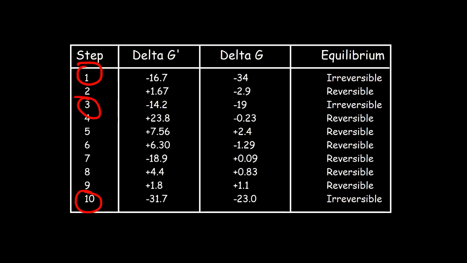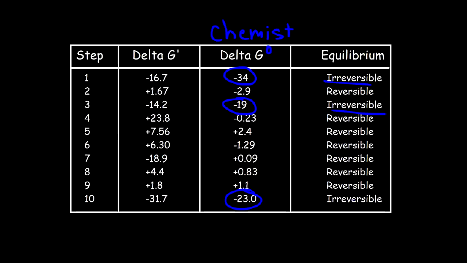Now, for those of you who want to understand it, let's take the chemist's view of delta G. So this is delta G naught. Notice that when you have a very high negative value, the reaction is irreversible. It's product favored. And if you look at the other values, they're very small. They could be positive or negative, and those are the reversible reactions when delta G is close to zero.